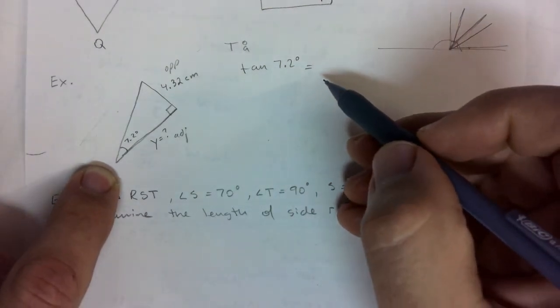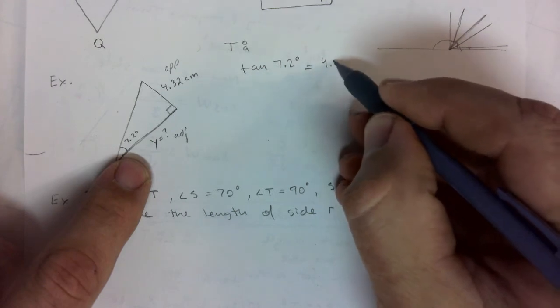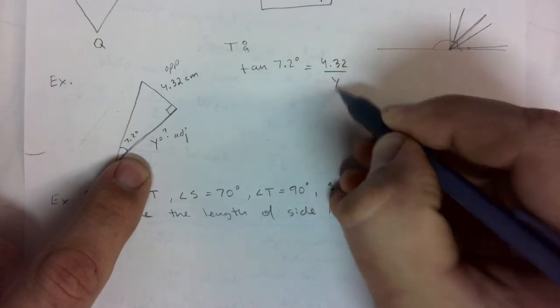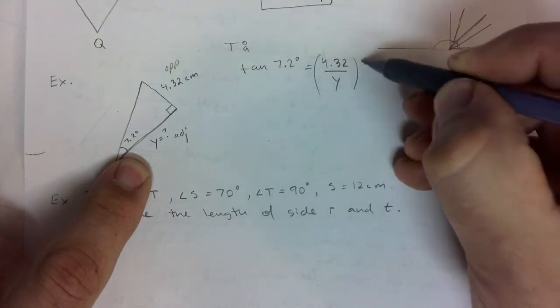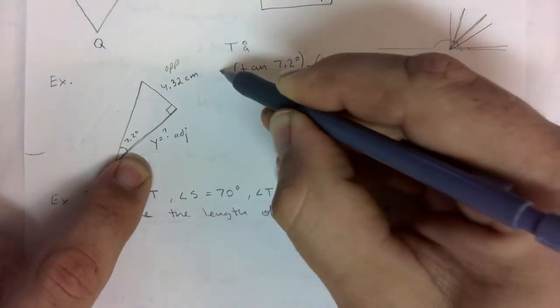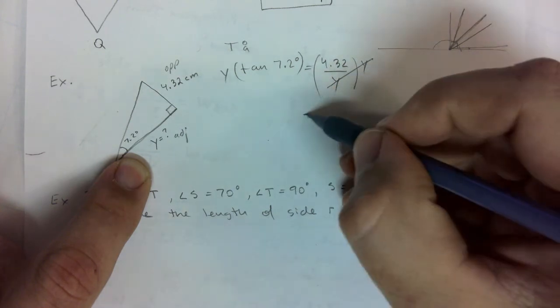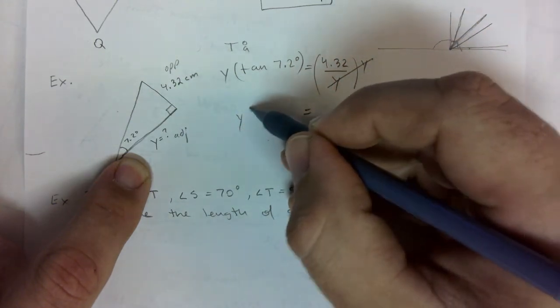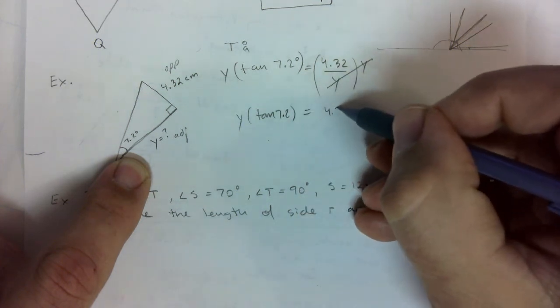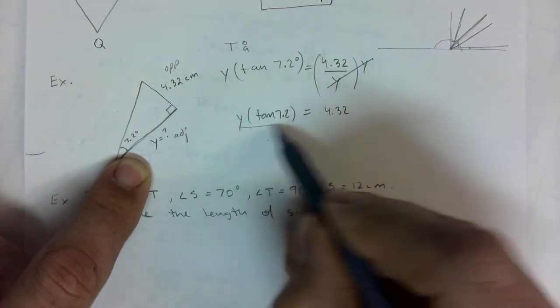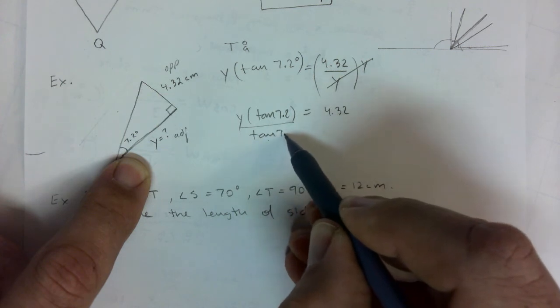So it's opposite over adjacent. So 4.32 over y. And this is the one where you have the letter in the denominator. No problem, right? Times y, times y. Cancel out the y's. You have to write this out one more time. So that makes this a bit more challenging. You divide both sides by tan of 7.2.